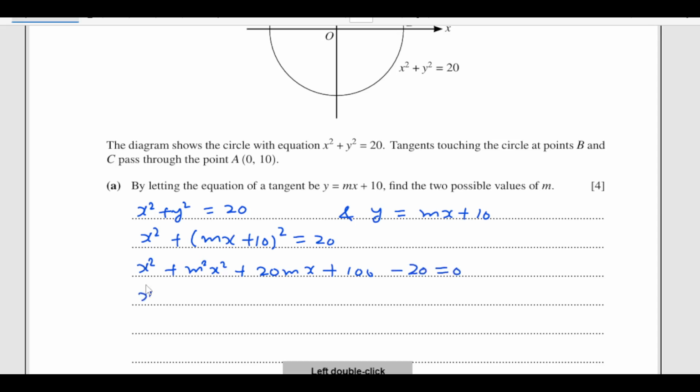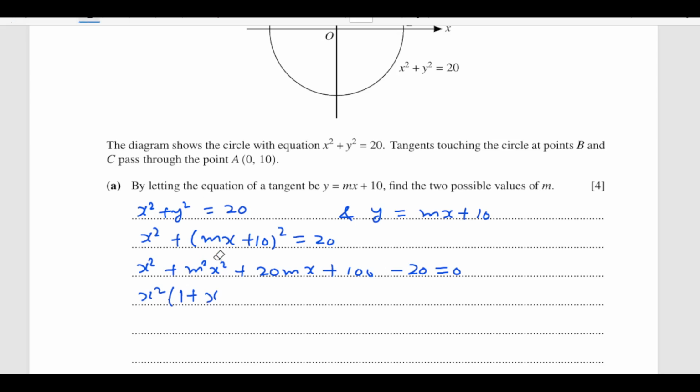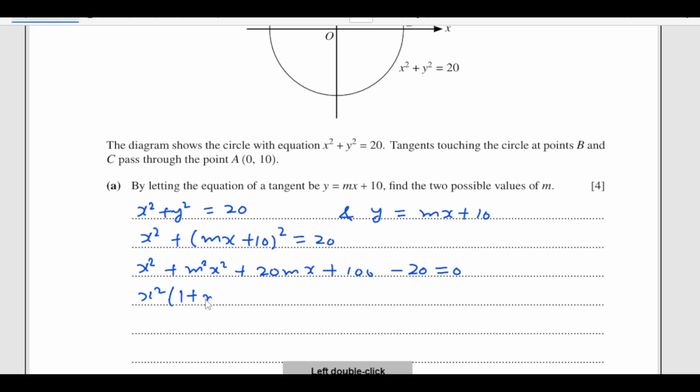So we will have x squared into, we have 1 plus m squared, sorry, it's m squared. If you take x squared common from here, so we have (1 plus m squared) x squared plus 20mx plus 80 equals 0, right?